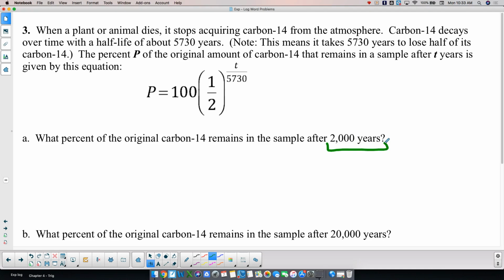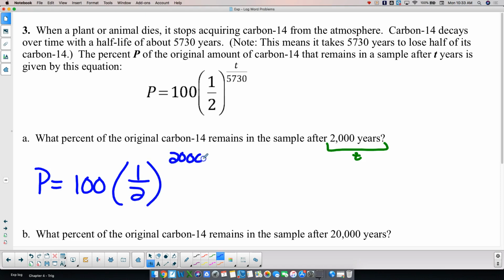My only two variables in this problem. That's a T, that's a time. So P is equal to 100 times 1/2 to the 2,000 over 5,730 power.